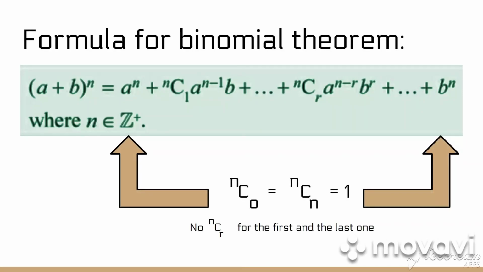As you can see, the first and last terms are without coefficients. They have coefficients in fact, but because they are 1, we do not write them. And this only works when n, the power, is a natural number. In other words, when n is a positive whole number.